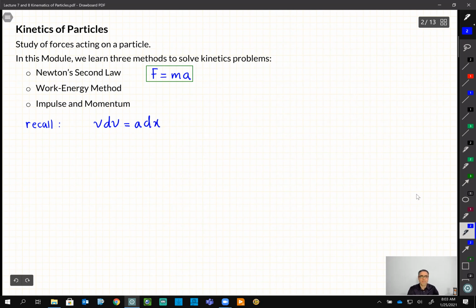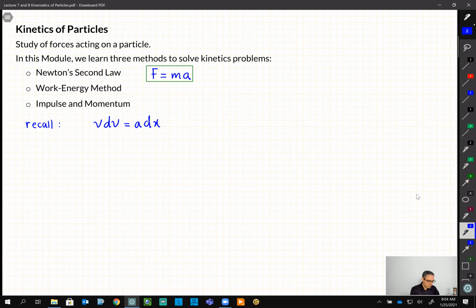Do you remember that? We said velocity multiplied by the differential of velocity is equal to acceleration multiplied by dx. And we said this is a useful formula when we don't care about time. We want to find the relation between velocity, acceleration, and position.